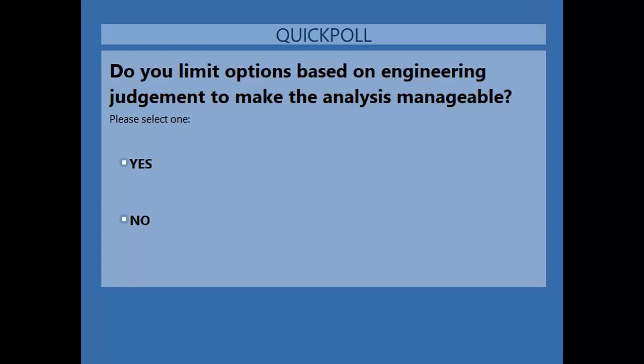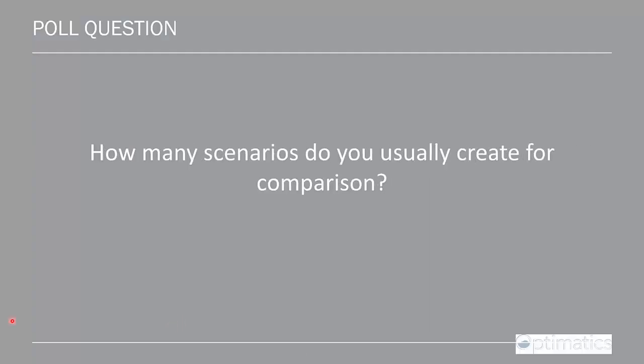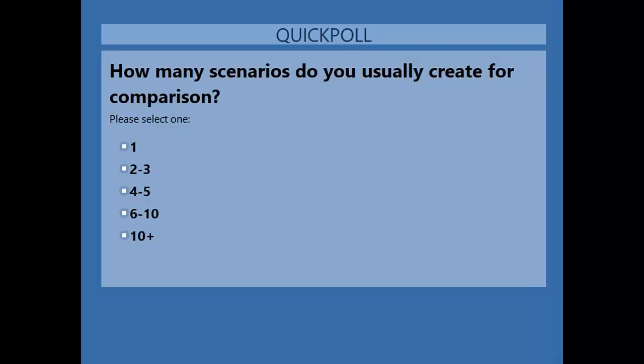And the final question in the poll here is just expanding on that. How many scenarios do you normally create for comparison? So we've got some ranges there to choose from. And we'll give people a few moments just to enter their answers there. So the most popular option is around the 2 to 3 or 4 to 5.